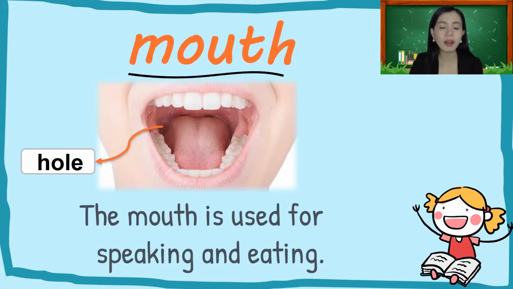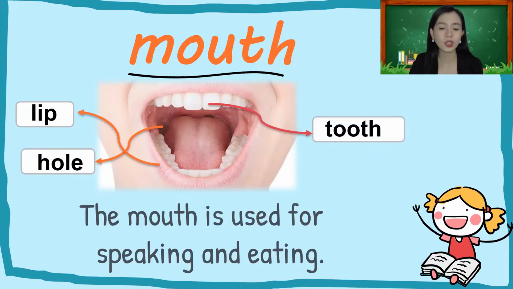Now, the outer part of the mouth is made up of hole and two lips, the lower lip and the upper lip. So two lips. And inside the mouth, there are teeth for chewing and tongue for taste.